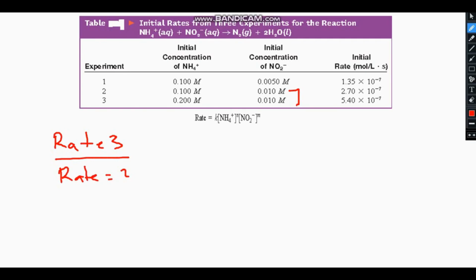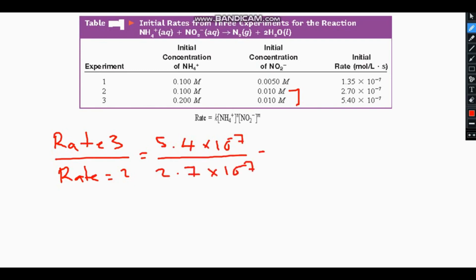So for experiment 2 and experiment 3, the initial rate for experiment 3 is 5.4 times 10 to the power negative 7, when you divide it by the initial rate for experiment 2, which is 2.7 times 10 to the power negative 7.